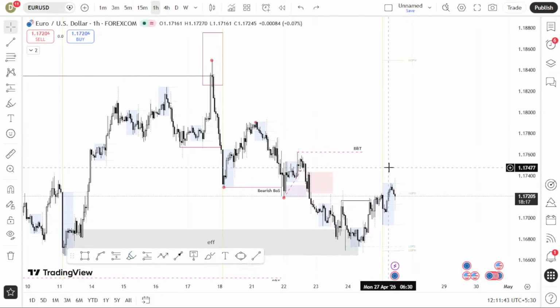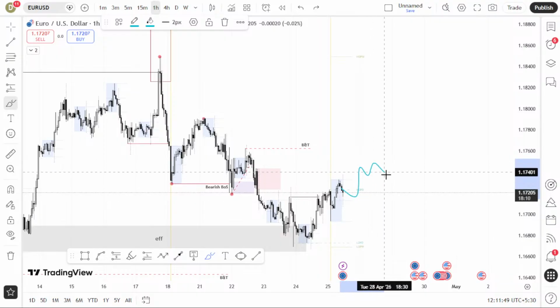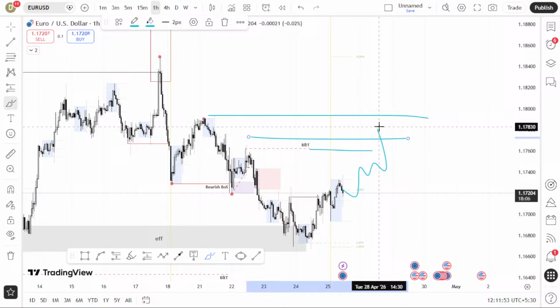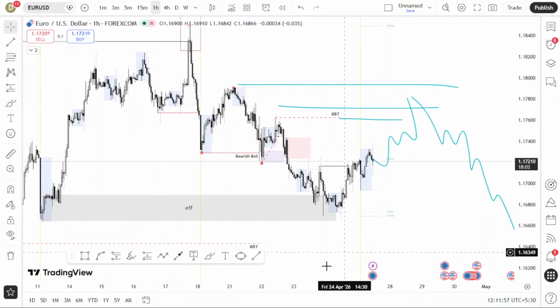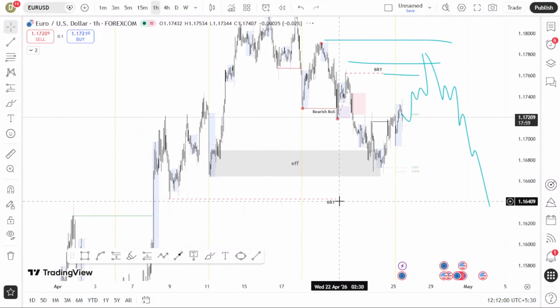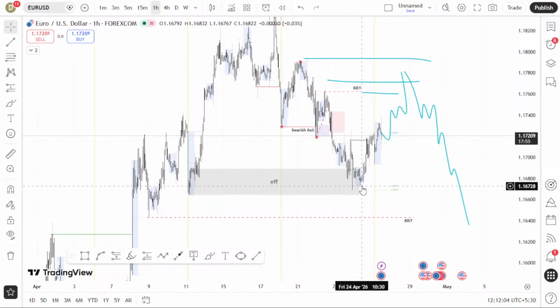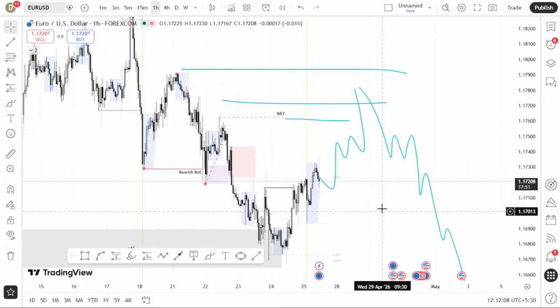What I was probably hoping for is price to induce this area and move to the downside, mitigate here, and then again continue the bearish trend till price reaches this area. I was hoping this inefficiency could be a smart money trap.